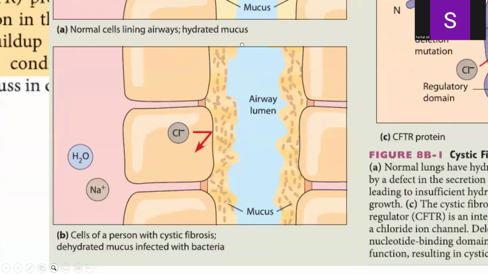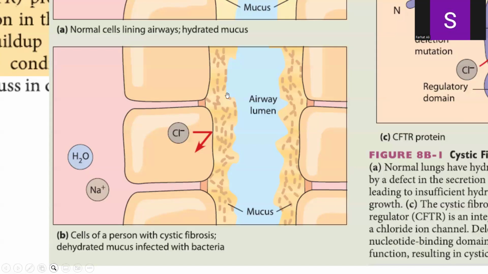But in case of a mutation in the CFTR protein, the transport of chloride ions does not take place properly. Since chloride ions are not transported, this will result in insufficient uptake of sodium and therefore insufficient uptake of water molecules. So the mucus will not be hydrated.